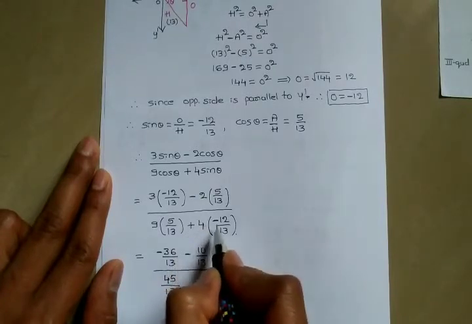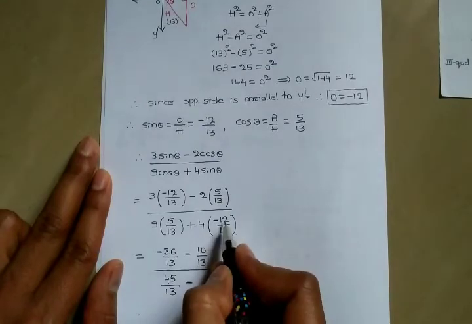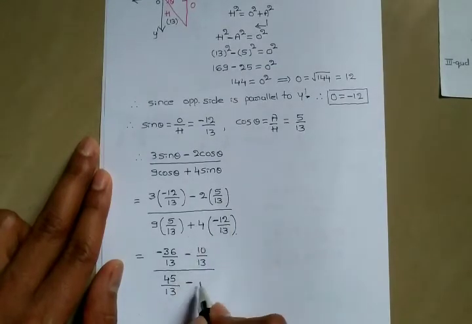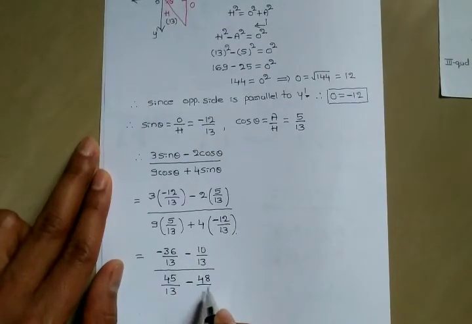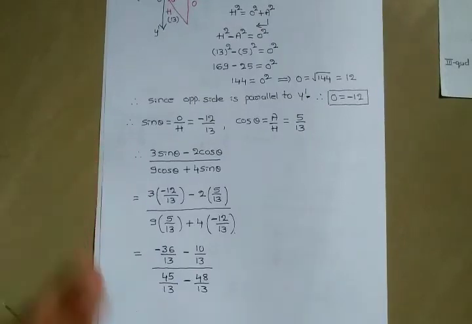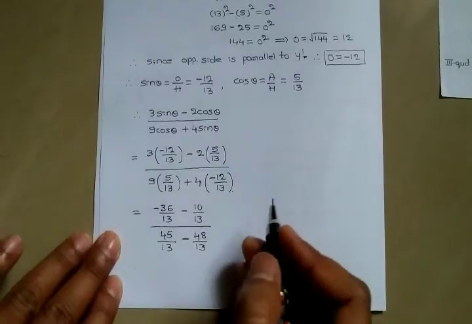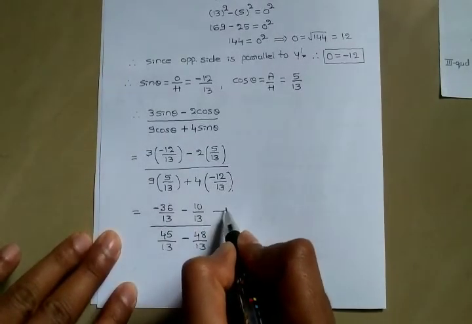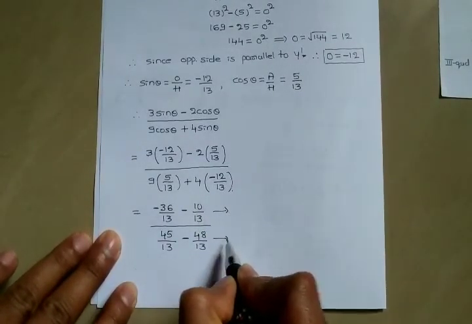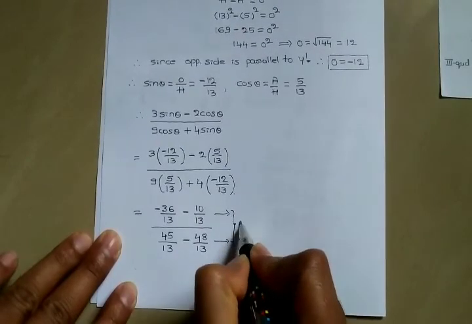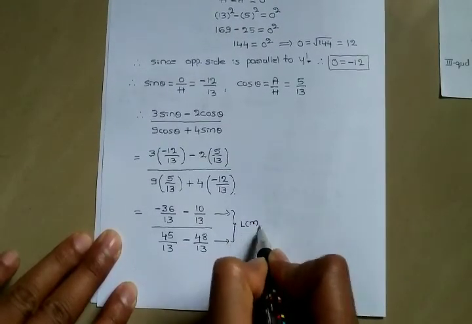Next, plus into minus is minus, 12 into 4, 48 divided by 13. So next take the LCM in the numerator and the denominator.